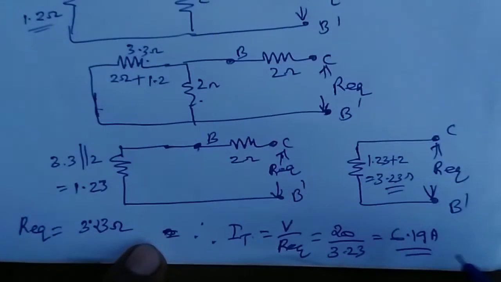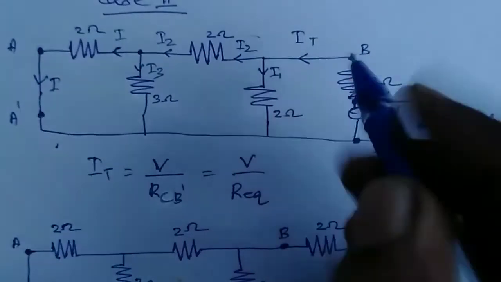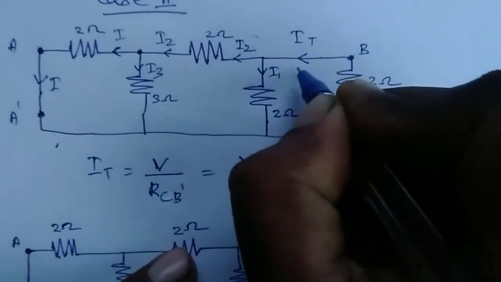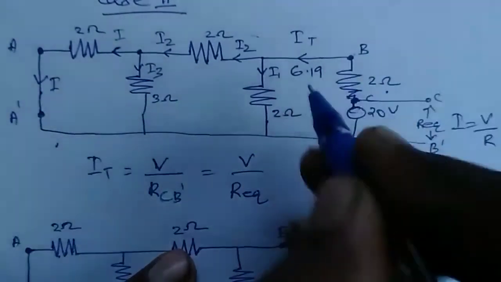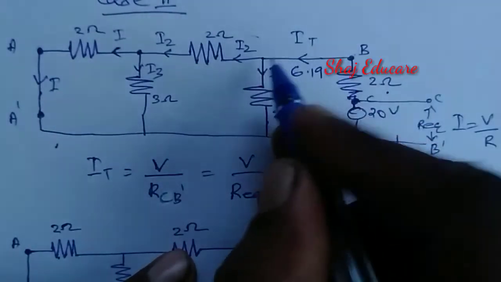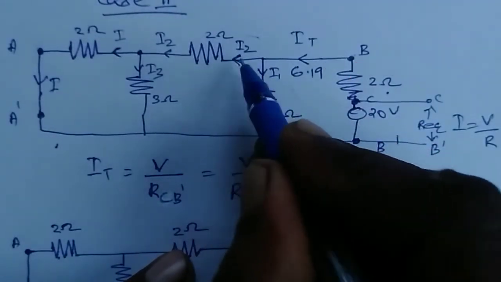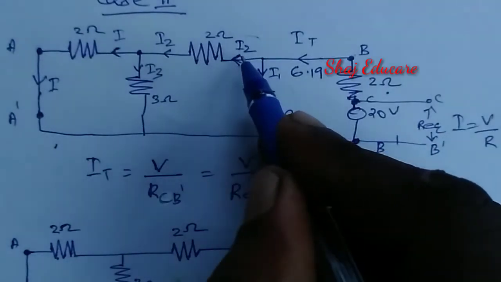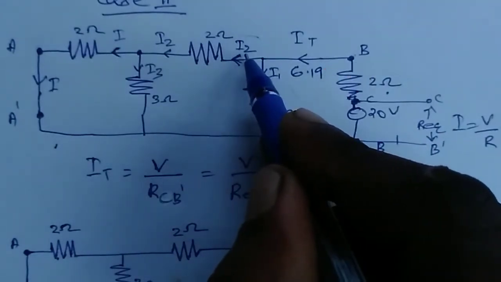Okay, right. We can write the I total here as 6.19 ampere. That is going to split into two, I2 and I1. So let us find I2 first.